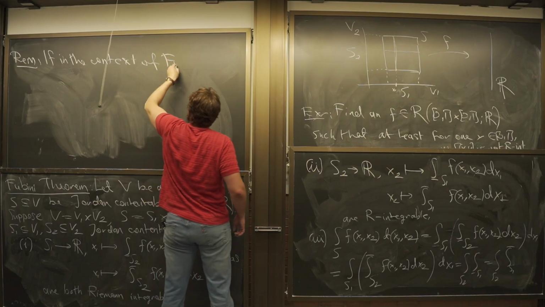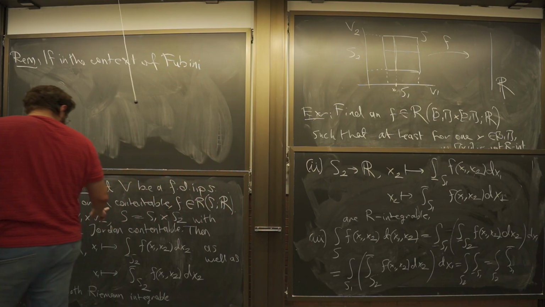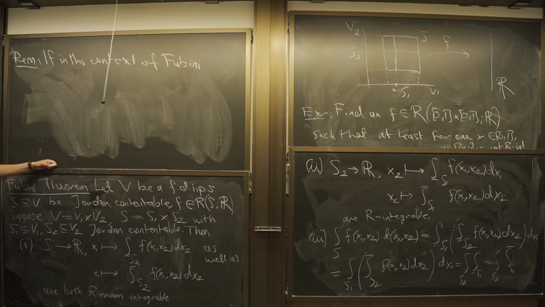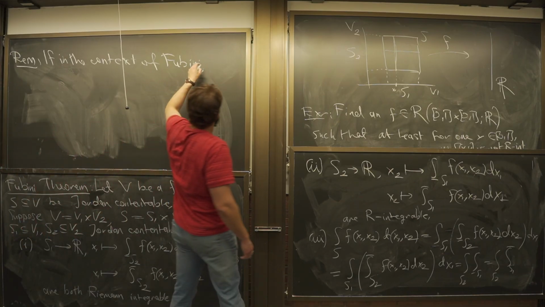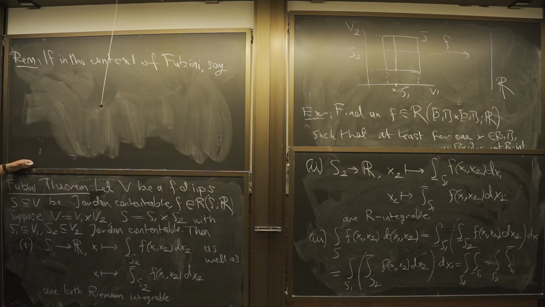Of Fubini, we need to assume, let's assume again this S is compact so that things work nicely. Say S is compact and Jordan contentable and f is continuous.